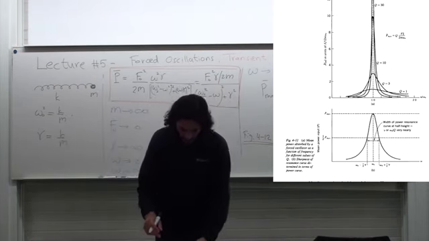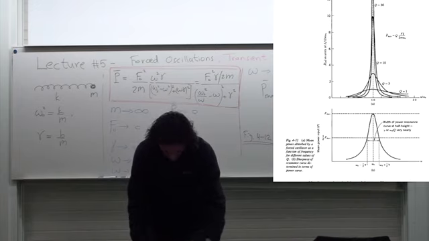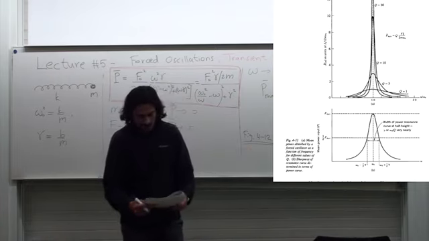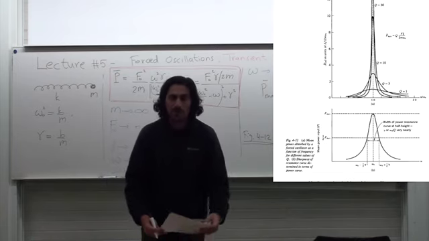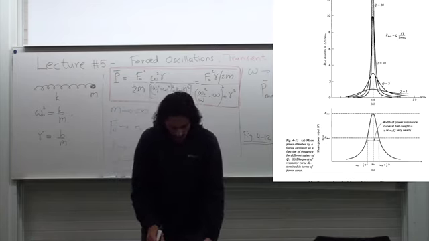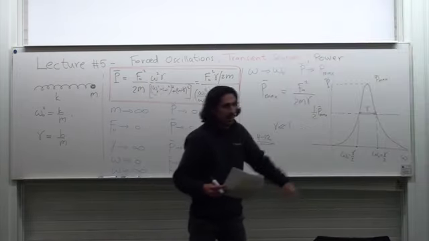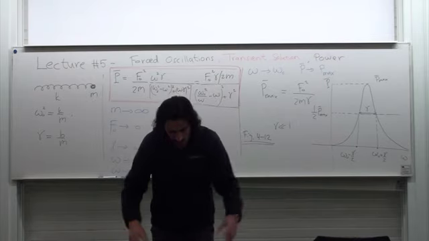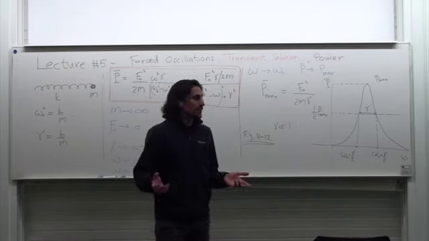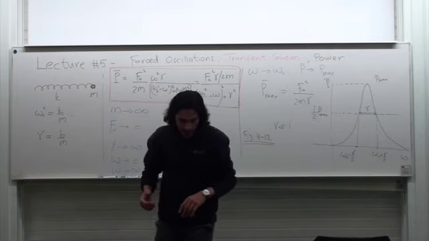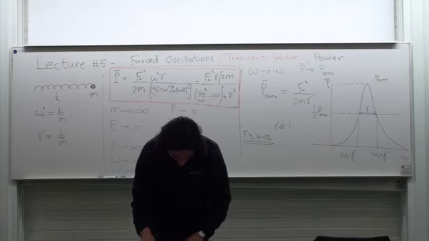It's quite important to understand this figure, so I suggest you look at it. There are two parts, A and B. It's a very similar figure, but with the quality factor. You see, the higher the quality factor, the narrower this becomes, and the higher the peak goes. All right.